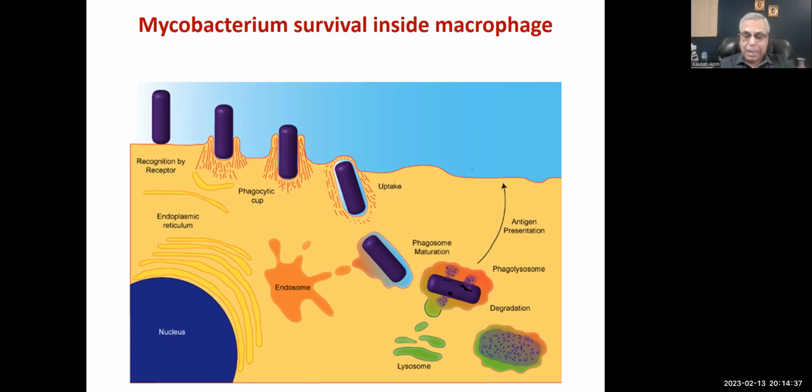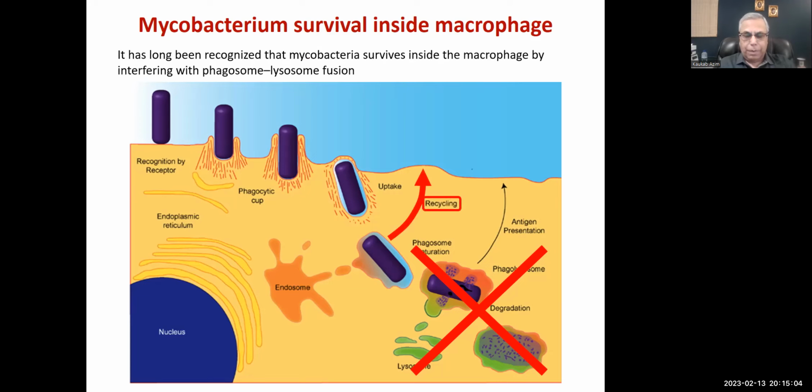But a mycobacterium has certain mechanisms which do not allow the phagosome to fuse with a lysosome, right? So it will not die. It will just remain inside the phagosome or the endosome, and it will not come in contact with the lysosome. So no enzymes to destroy it. So it will divide, and it might kill the macrophage, and it will be recycled. Many more will be released when the macrophage dies. All right.